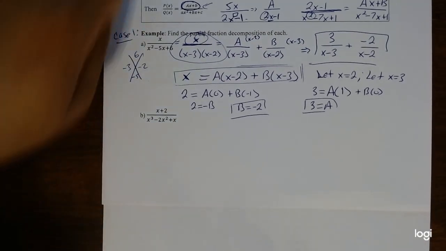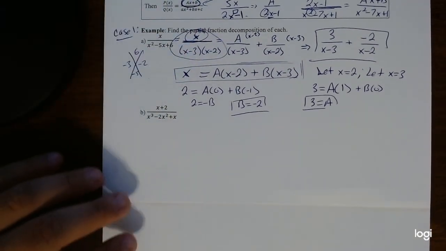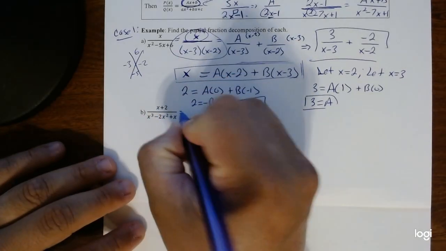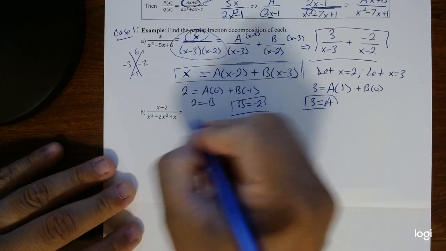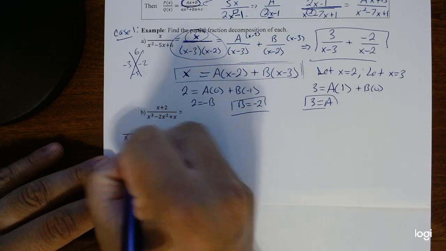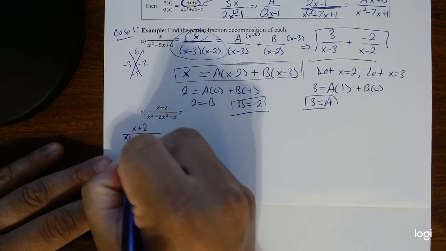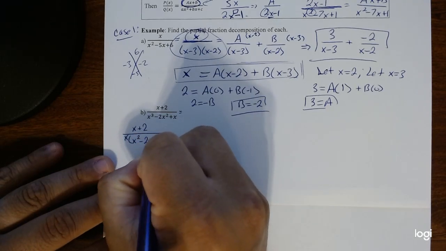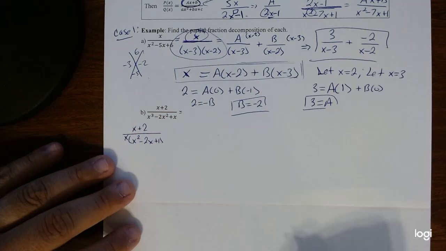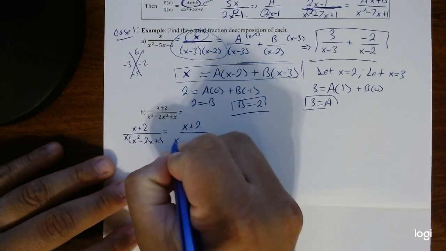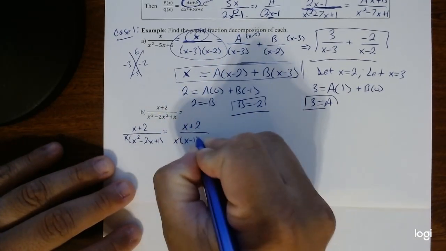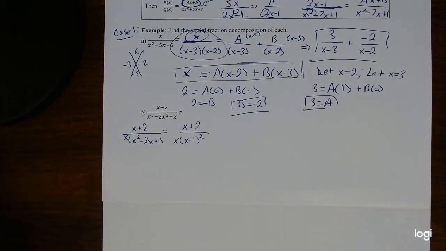All right, let's try another one. So this is going to be breaking down. So first thing is we're going to factor an x out from the bottom. Okay. And then if we factor, we get x minus 1 times x minus 1, or just x minus 1 squared.